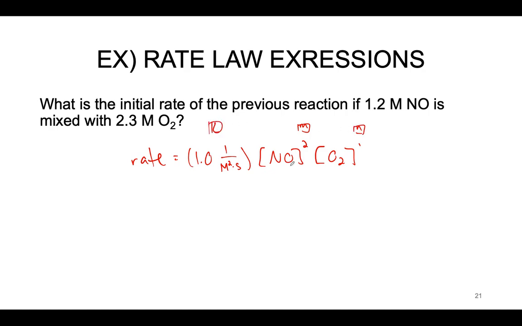So once these things have been done, all we need to do is insert some set of initial conditions and initial concentration of our nitrogen monoxide, let's say hypothetically, equal to 1.2 molar, and we're going to square this. And then we're going to take the initial concentration of our oxygen gas, this 2.3 molar, and we're going to raise that to the 1.